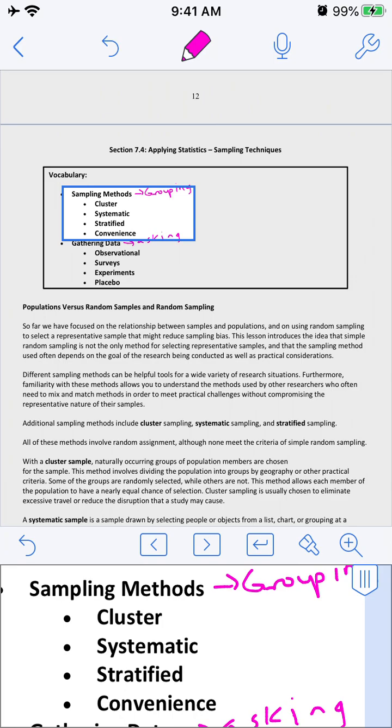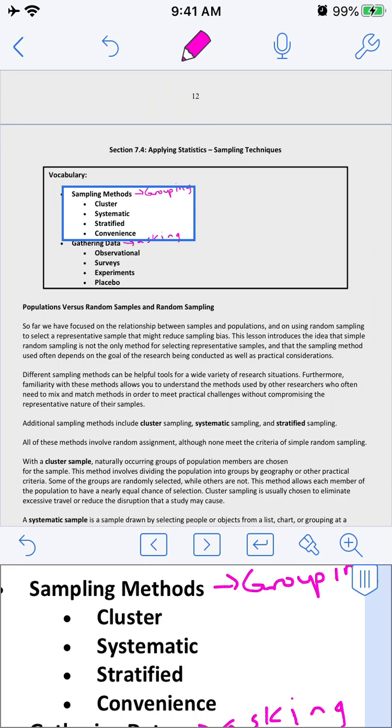Systematic is kind of the same with its wording. Systematic is a system. Let's go back to the high school example. Say I wanted to make a statement about our district. I would go to all the schools in the district. I go to every single one. I try to get the whole population, but then I would only ask every such and such person.